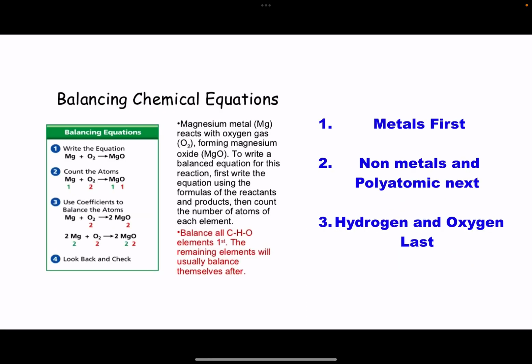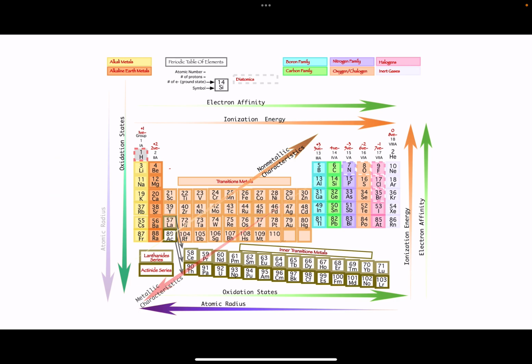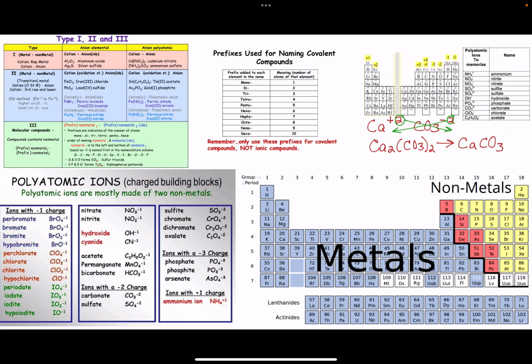Balancing equations, this is an example one. I generally use 3 rules to get myself through it. I'm going to start with my metals first and get those balanced. Then I'm going to go to nonmetals and polyatomics next. And I'm going to leave hydrogen and oxygen to the very, very end. All right, this is just review over your polyatomics, your metals, your nonmetals.